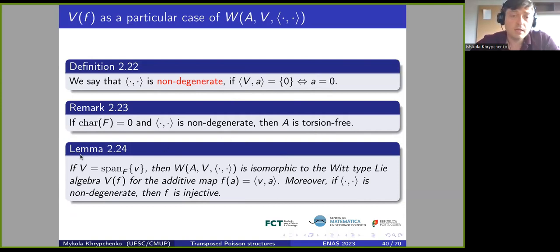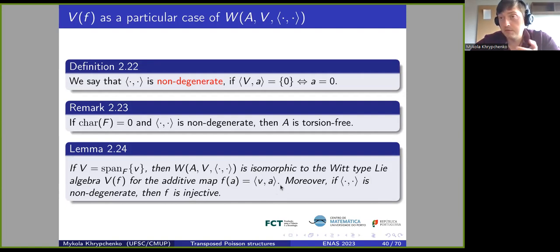And if the vector space has dimension 1, then any map of two variables is uniquely defined by its value on A, right? So we fixed V and A is varying, so we can define a map on A with values in F this way.